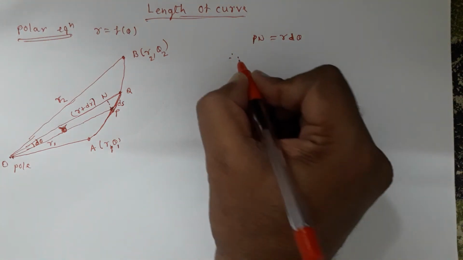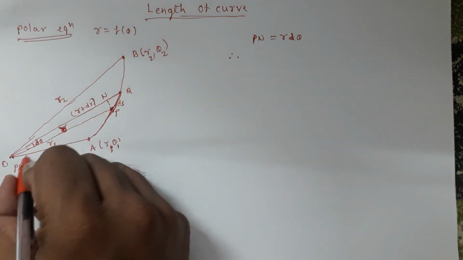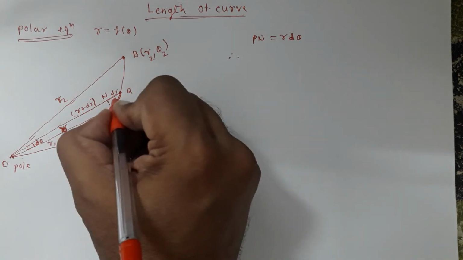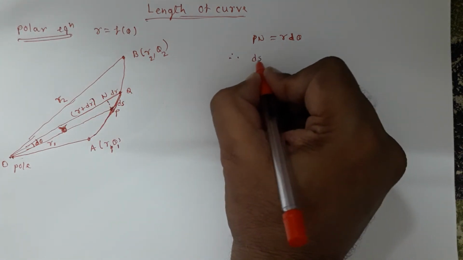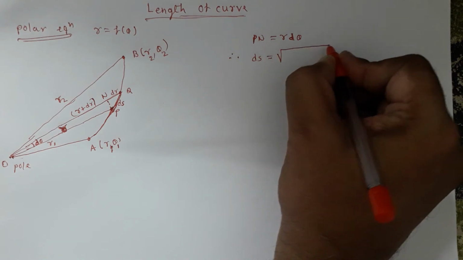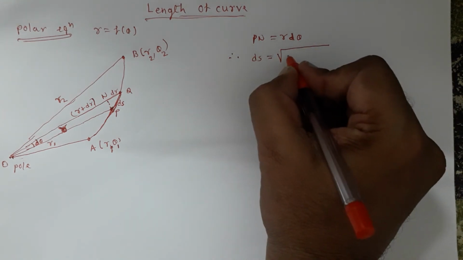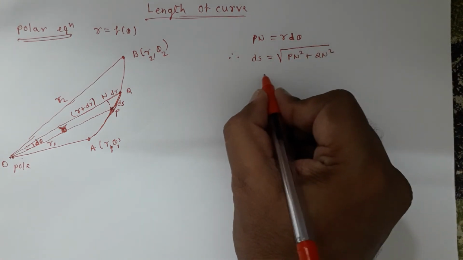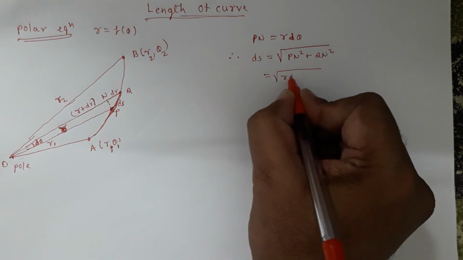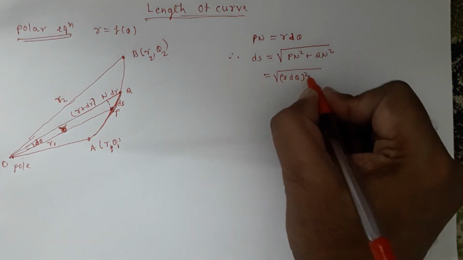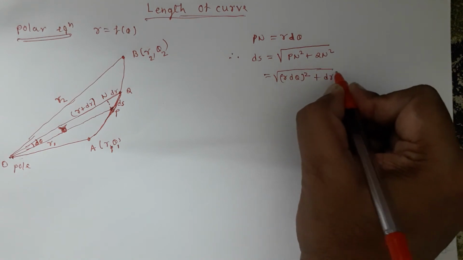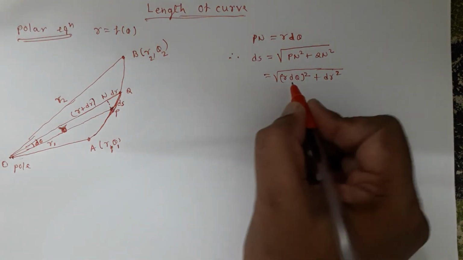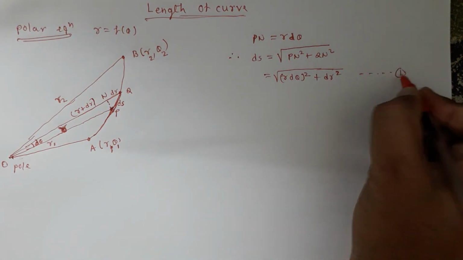Again using the Pythagoras theorem, OP is r, OQ is r plus dr, which indicates that Qn is dr, and therefore ds can be written as root of Pn square plus Qn square, which is nothing but root of (r d theta) square plus dr square, because Qn is equal to dr. Let this be equation number 1.